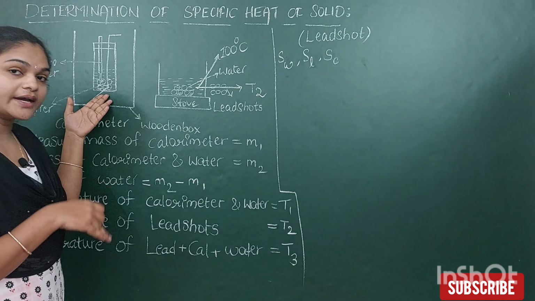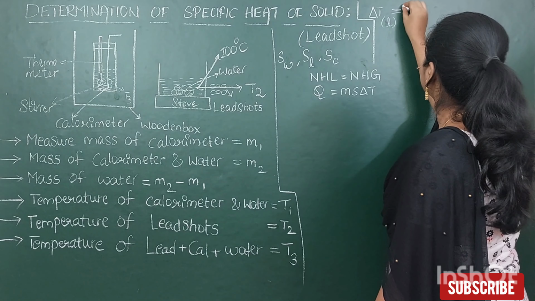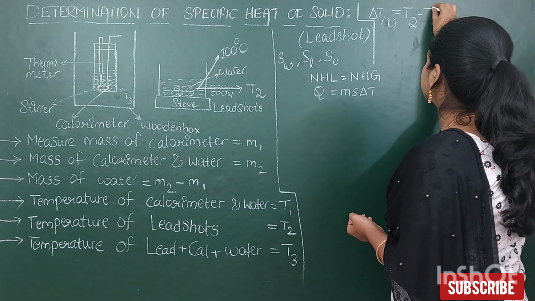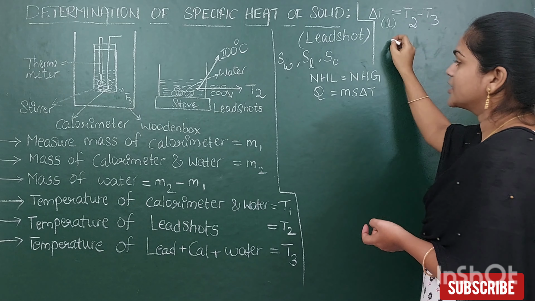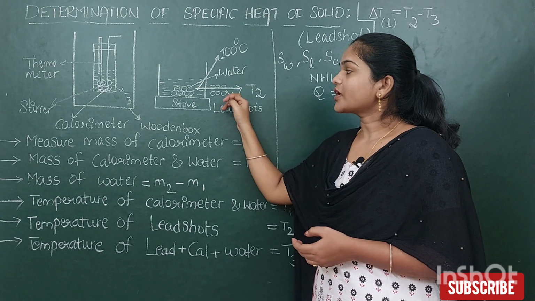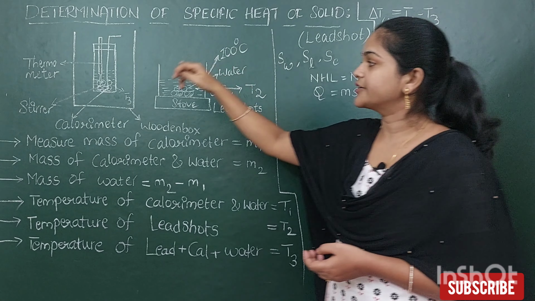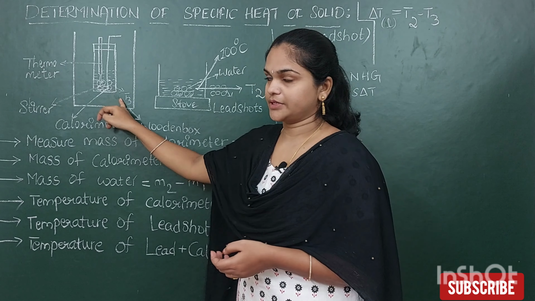After mixing, the lead shots lose heat energy and will have T3. So the temperature difference of lead shots is T2 minus T3, the higher temperature minus the lower temperature.